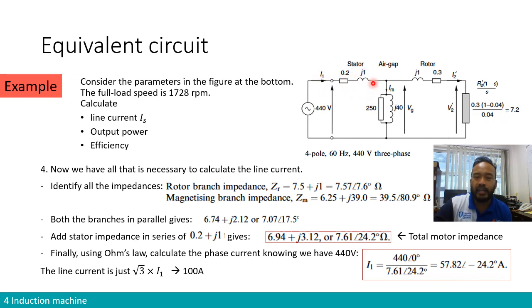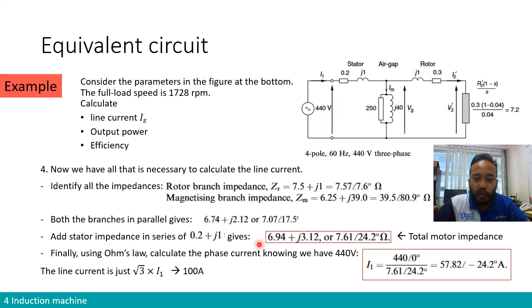So if you add the equivalent parallel impedance to the stator impedance, that is 0.2 plus J1, you will get the final total motor impedance. So all the impedance over here have been reduced to only one impedance.